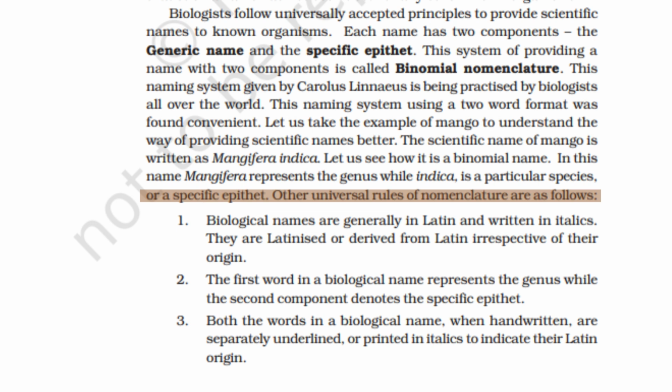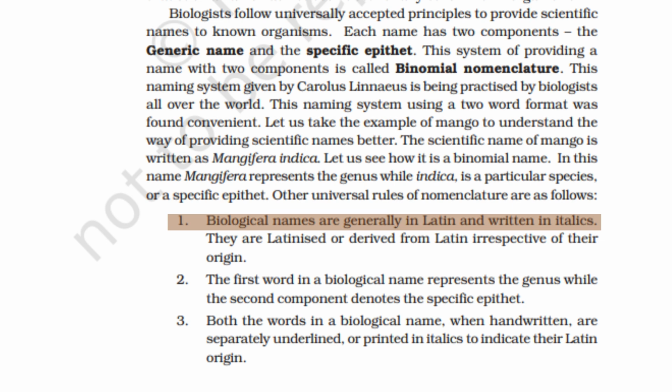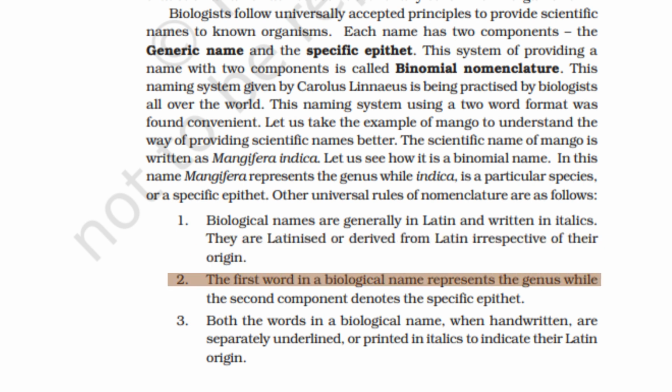Other universal rules of nomenclature are as follows. Biological names are generally in Latin and written in italics. They are Latinized or derived from Latin irrespective of their origin. The first word in a biological name represents the genus, while the second component denotes the specific epithet.